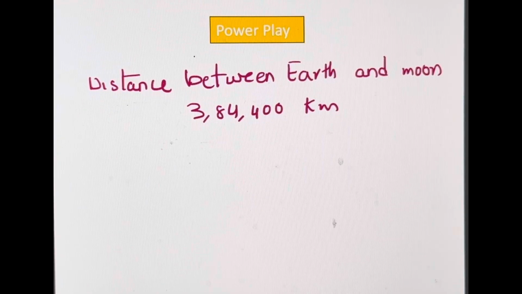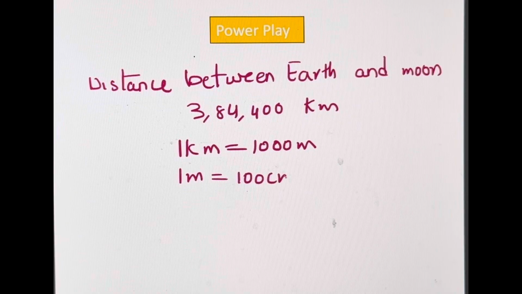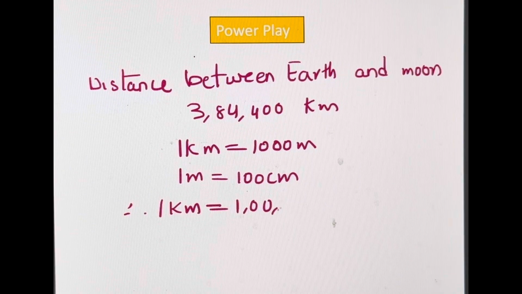For that, you should know the relationship: 1 kilometer is 1000 meters, and 1 meter is 100 centimeters. Therefore, 1 kilometer will be these 3 zeros and these 2 zeros together, that is 1 lakh centimeters.